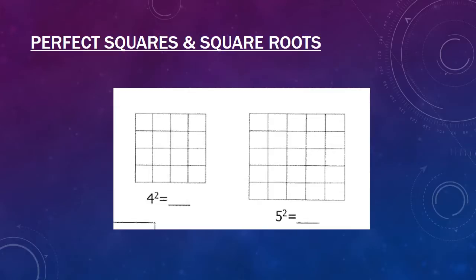If we continue looking at the pattern, now we've got a box that is 4 units tall and 4 units wide, or 4 times 4. If we were to count all those boxes, we would know that 4 squared is 16.